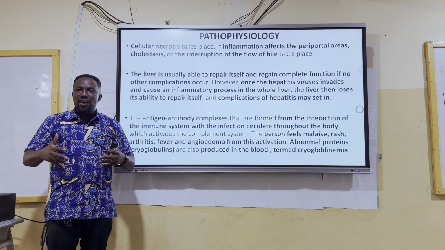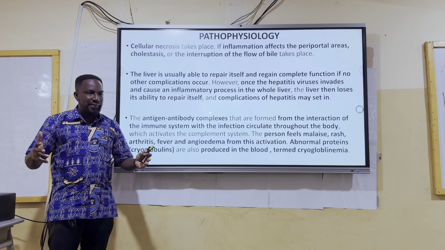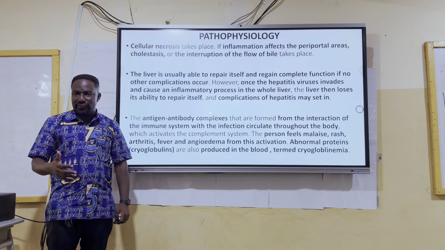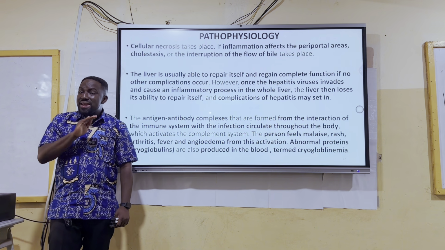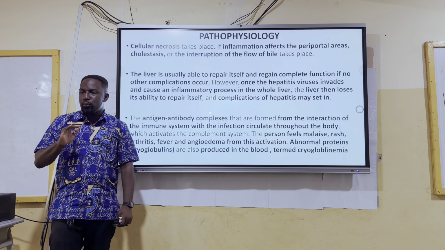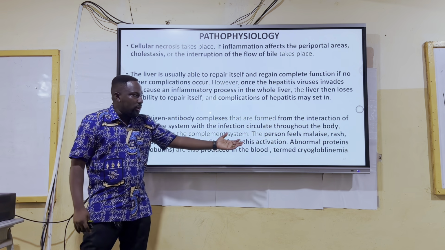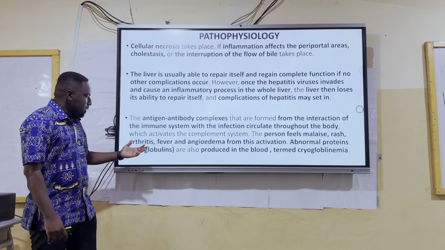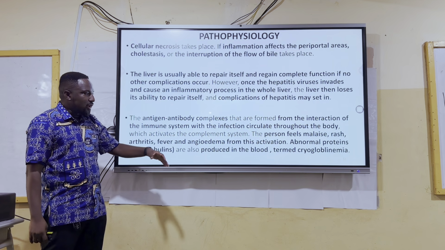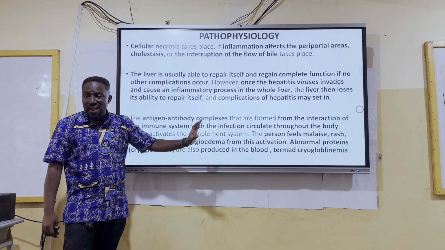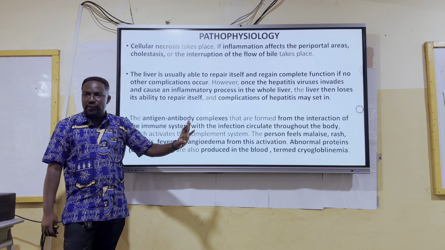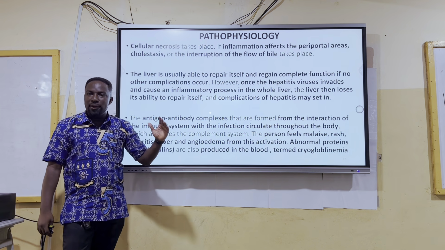And that will make the liver lose its ability to repair itself, and then the complications will now set in. But the complications will definitely begin with the initial prodromal signs and symptoms.